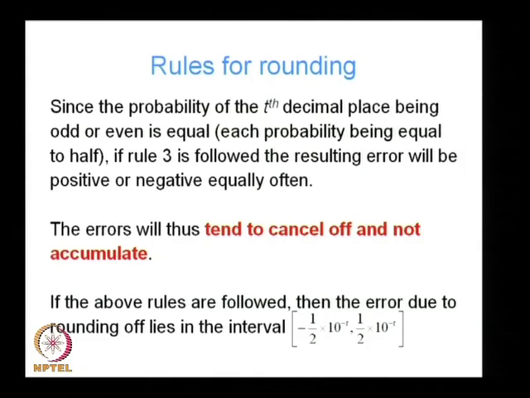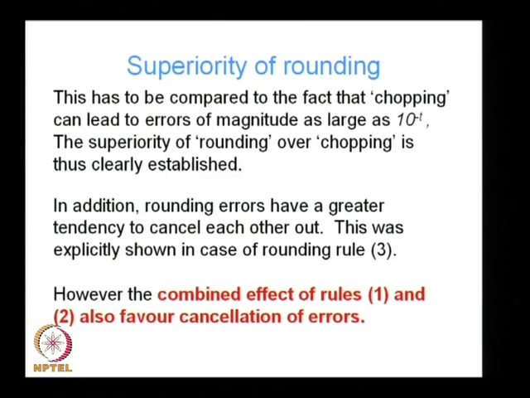If the above rules are followed, then the error due to rounding off lies in the interval minus half into 10 to the power minus t to half into 10 to the power minus t. This has to be compared with the fact that if we do chopping instead of using our round off algorithm which we just described, we can get errors as large as 10 to the power minus t.